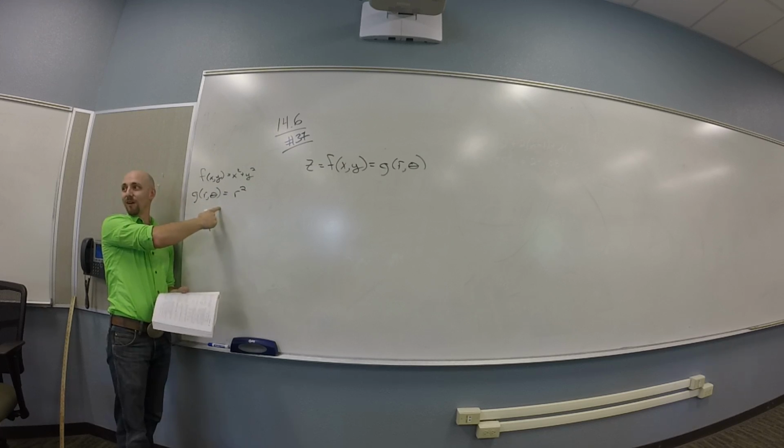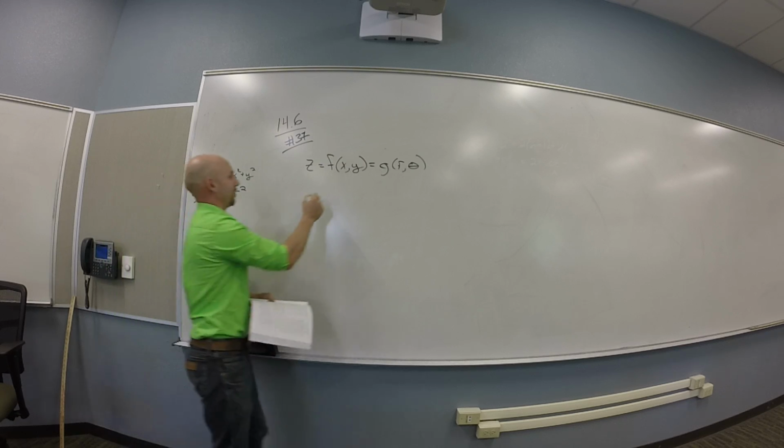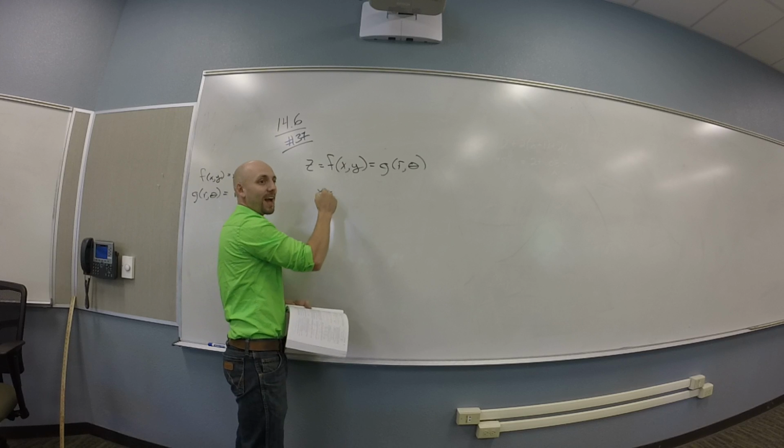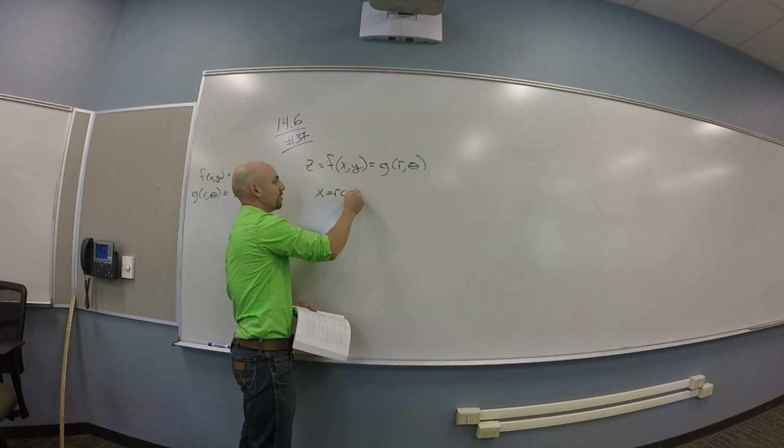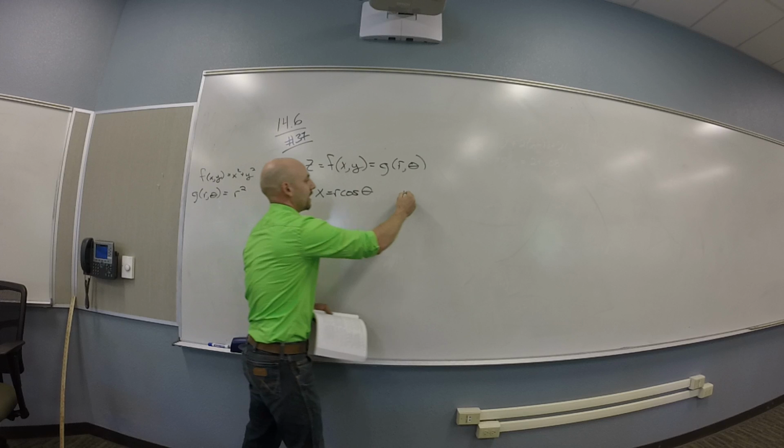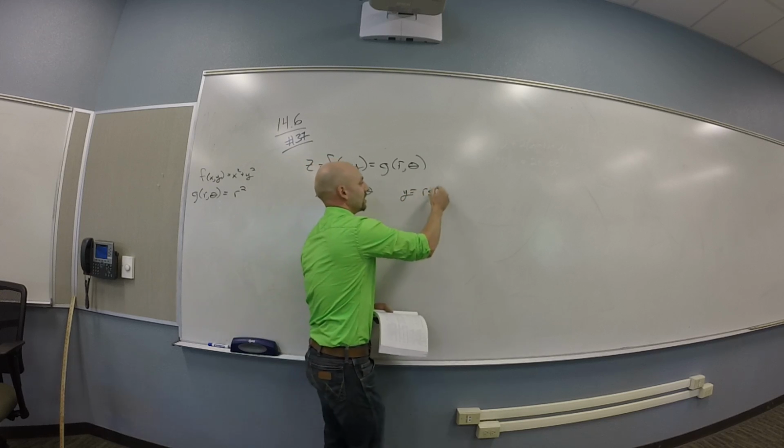X is what, in terms of r and theta? Don't worry, we're going to need these. So x is r cosine theta, and y is r sine theta.